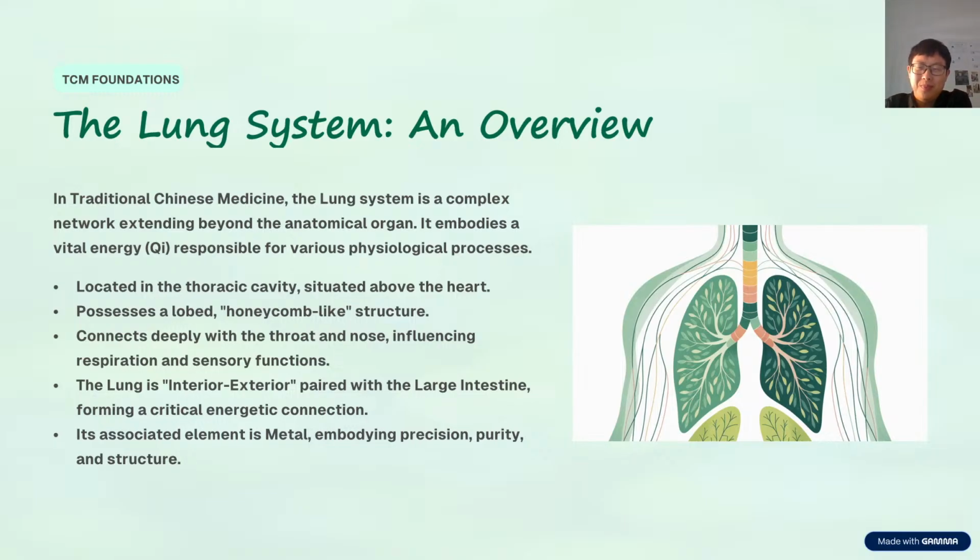Of course, we know in Western medicine, the lung is divided into 5 lobes. The left has 2, the right has 3. And why do they say the lung organ is empty like a honeycomb?